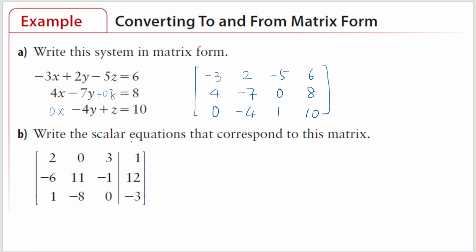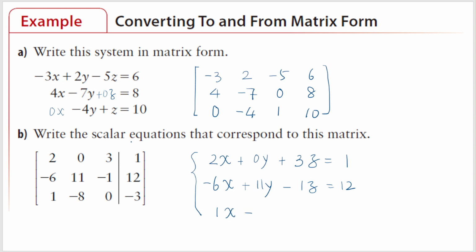And for the second one, you can choose the names of the variables you like. For example, if you choose x, y, and z, then this matrix form corresponds to a system of 3 linear equations, which is 2x plus 0y plus 3z equals 1, and then -6x plus 11y minus 1z equals 12, and then 1x minus 8y plus 0z equals -3, right?